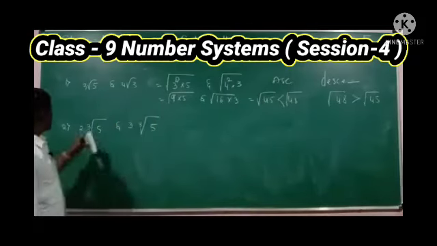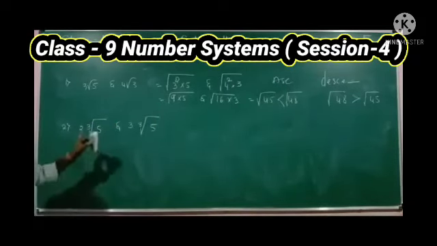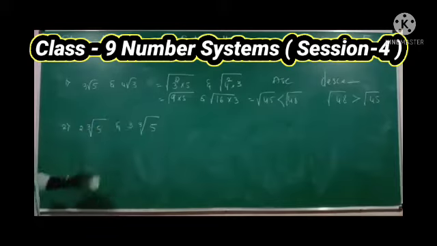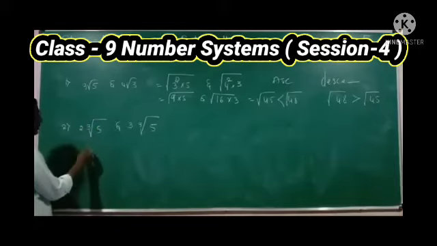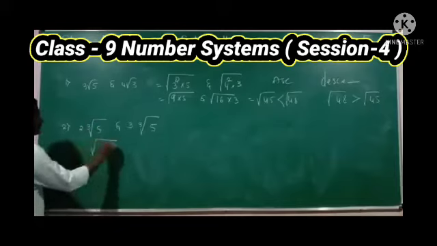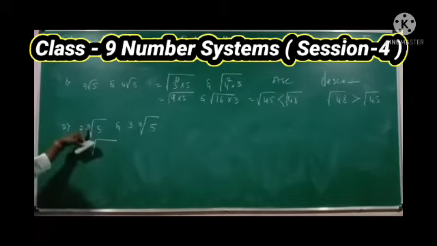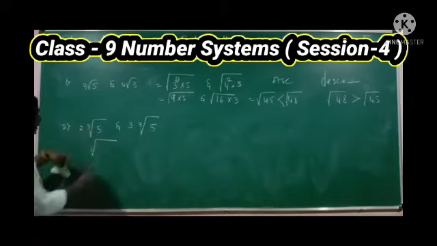Okay, next one, compare the next two given numbers and find which one is the greatest here. How can you write this one? What is the order of the given radical here? 3.